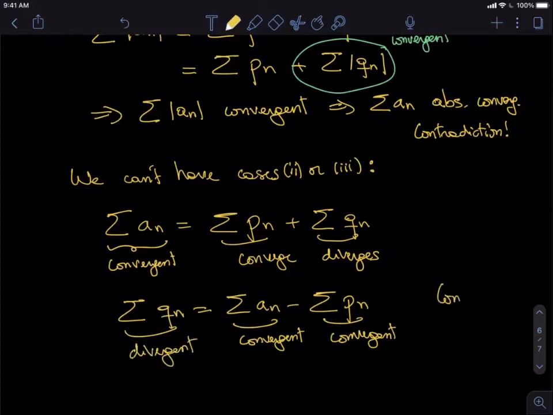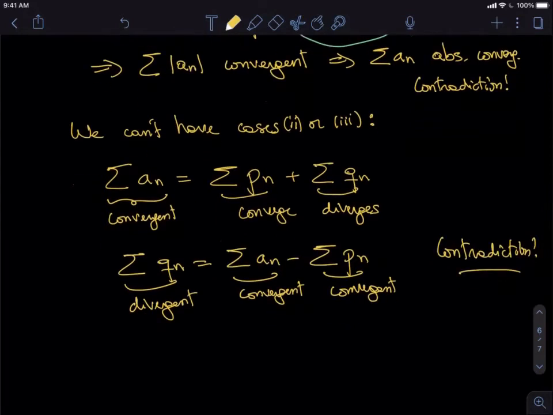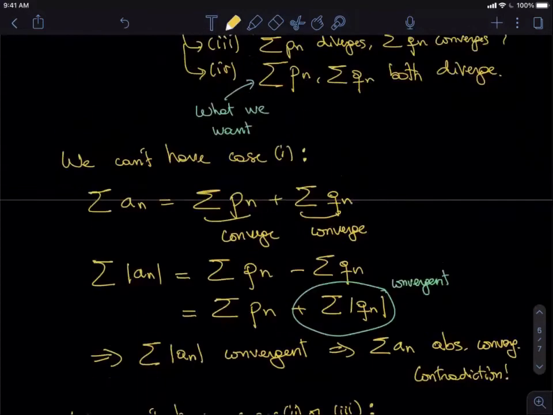So this cannot be. And case 3 is similar. So then that one cannot be either. And this actually proves that of all the 4 cases, only 4 is possible. So this finishes the proof of part 1 of the theorem.